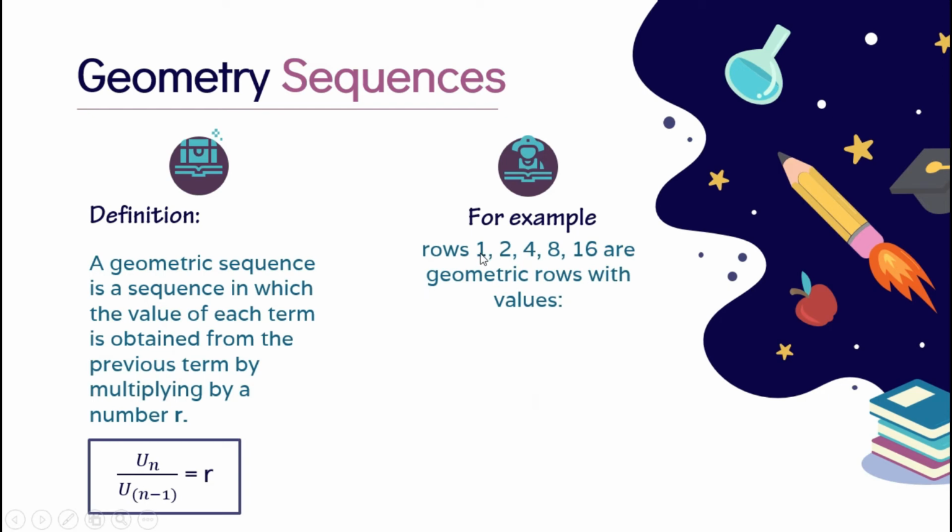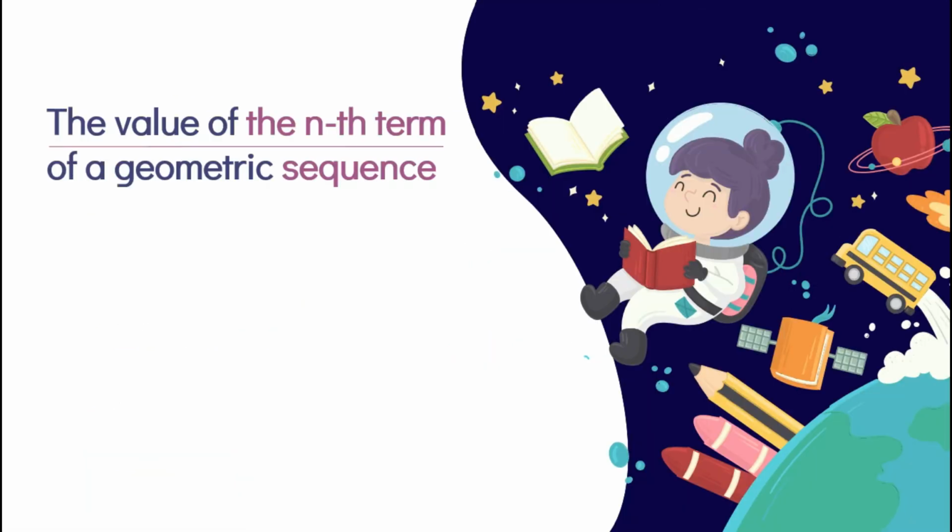For example, the sequence 1, 2, 4, 8, 16 is a geometric sequence with r equals 16 divided by 8 equals 8 divided by 4 equals 4 divided by 2 equals 2 divided by 1 equals 2. To find the value of the nth term of a geometric sequence, it can be found by knowing the value of the kth term and the ratio between adjacent terms.